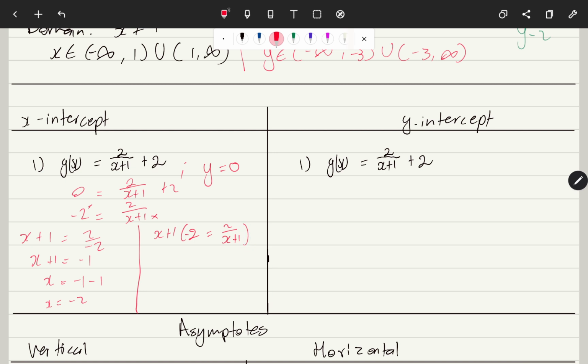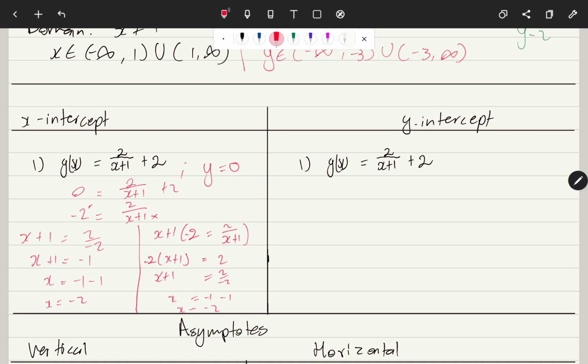When we do that, we're going to have minus 2 into x plus 1 equals 2. Then we divide by minus 2 on both sides. We're going to have x plus 1 equals 2 divided by minus 2. Then x equals minus 1 minus 1. Then x equals minus 2, just like we had.